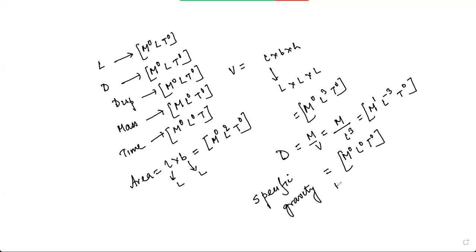That is, it is dimensionless. So specific gravity is dimensionless and has no unit because it is a pure ratio.